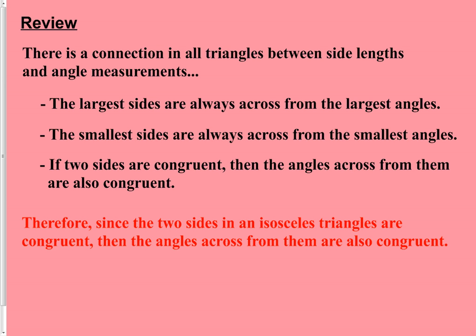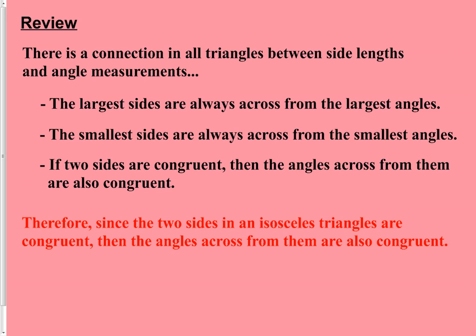The smallest sides are always across from the smallest angles. And if you have two sides that are congruent, which we will in an isosceles triangle, then the angles across from them are always congruent. Okay, so we're definitely going to see in an isosceles triangle, since we're going to have at least two sides congruent in our triangle, that is going to force at least two angles to be congruent in our isosceles triangle as well.